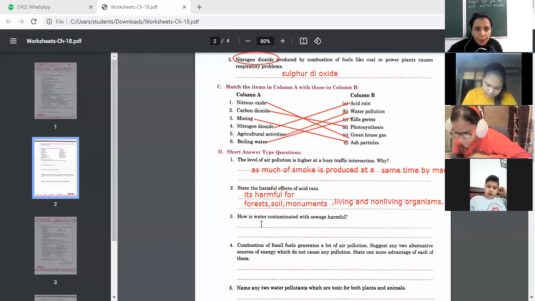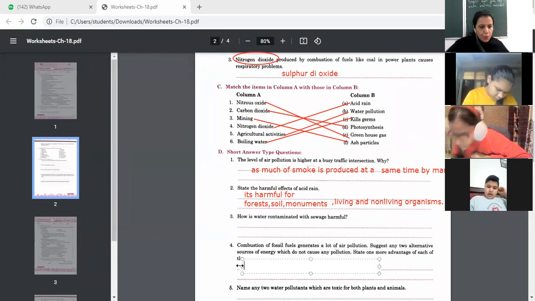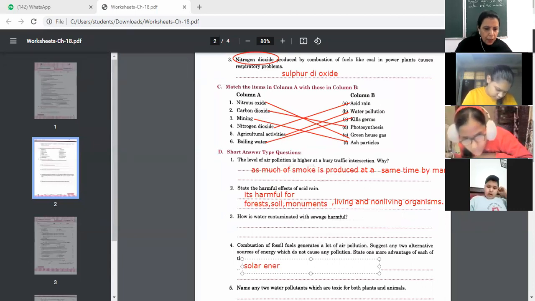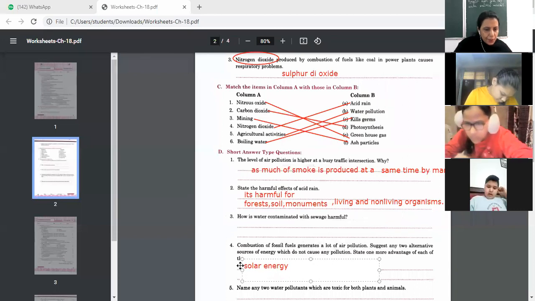Number 4, combustion of fossil fuels generates a lot of air pollution. So name any two alternative sources of energy that do not cause any pollution and state one advantage of it. So children, alternative sources of energy, you know, solar energy, and after this, second is wind energy, but you need to write down one advantage of it also. Kindly write down one advantage of it.